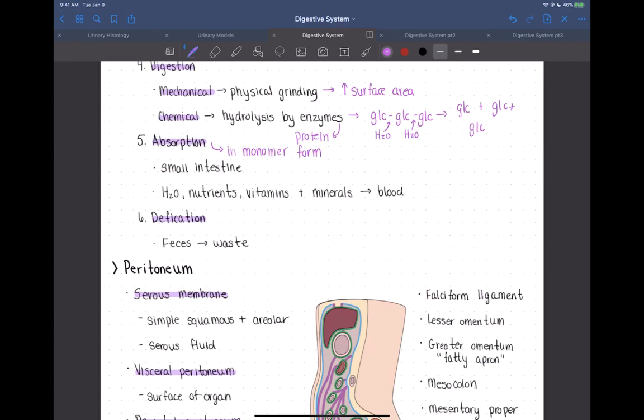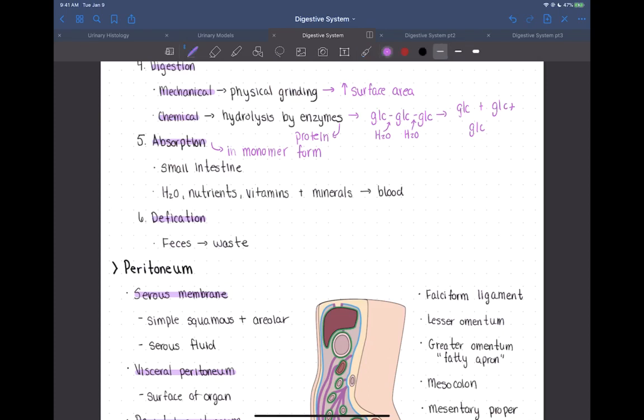The majority of the digestion is going to take place in the small intestine, particularly the majority of the small intestine that we saw on that picture. That's going to be the jejunum, is where absorption is going to occur. All right, so the whole point of absorption is to take all that good stuff from food, the water, those macromolecules, the vitamins and minerals, and to move them into the blood.